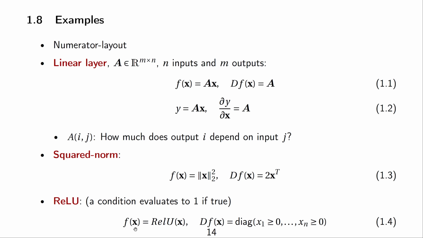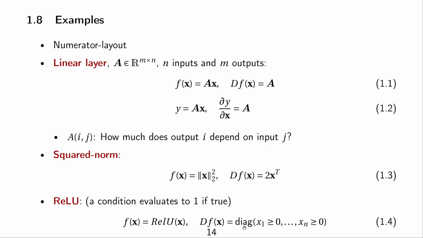Now, if you have f of x with a vector valued x as input, if x has dimension n, then the output also has dimension n, and it's component-wise ReLU of x.